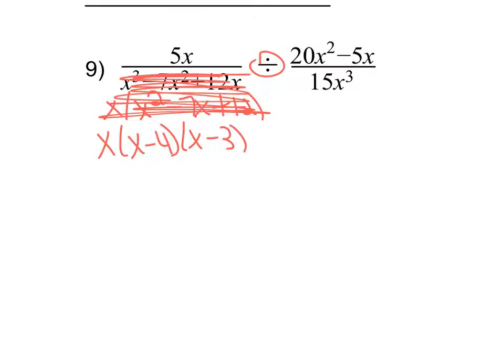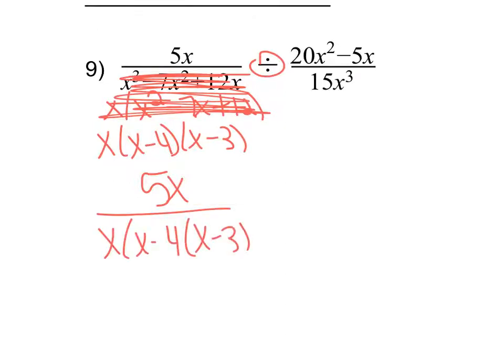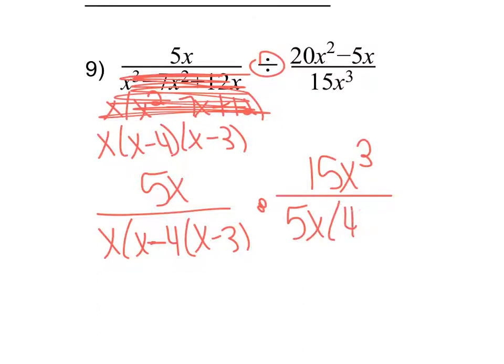Right now I'm at 5x in the top, x times x minus 4 times x minus 3. Let's go ahead and rewrite that times. Then I need to multiply by the reciprocal, so I'm going to have 15x to the 3rd, and then in the denominator, I can take out a 5x, and I'm left with 4x minus 1. Now I'm just looking at what I can reduce.